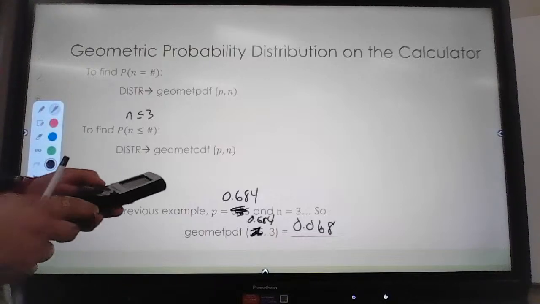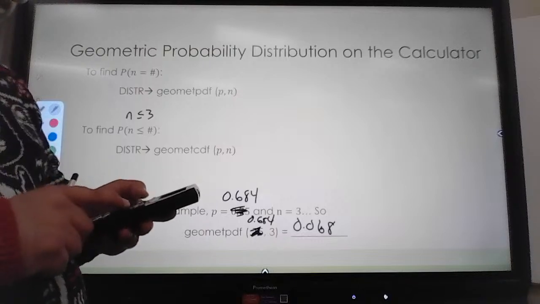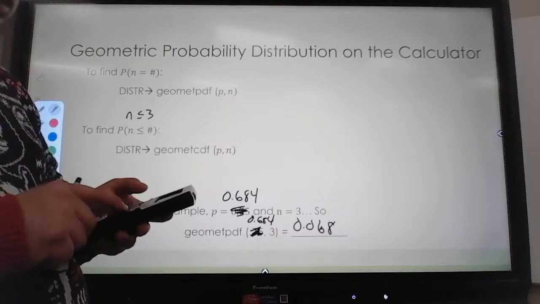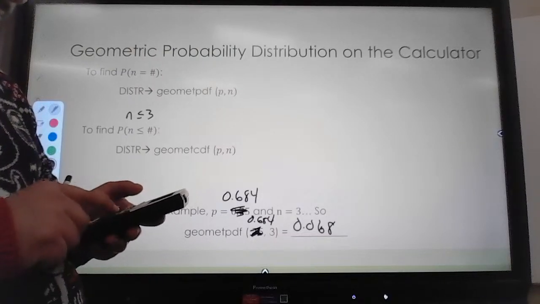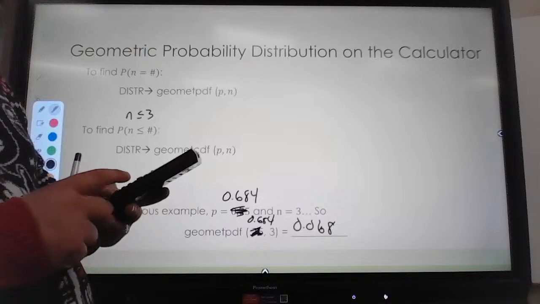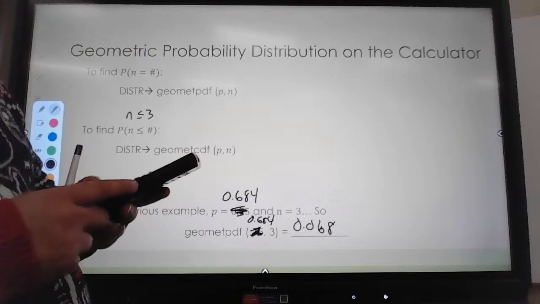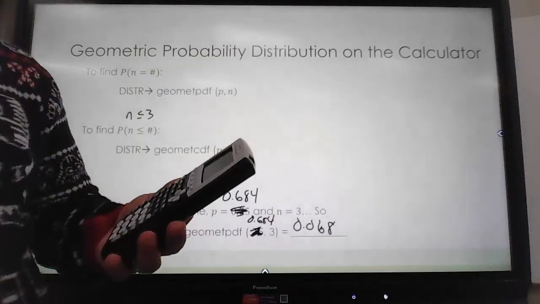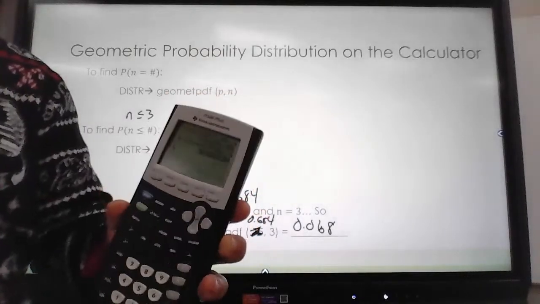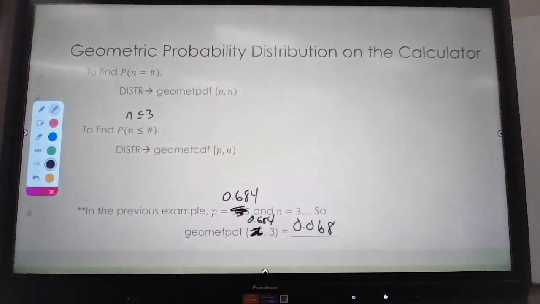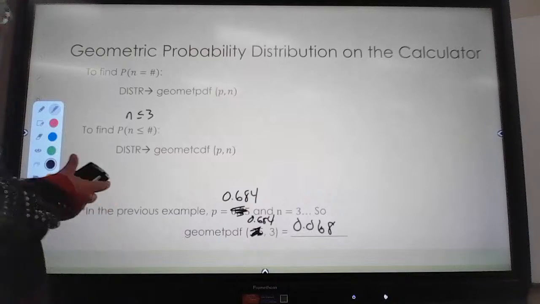So if I were to do geometCDF instead, using the same values, 0.684, 3, that means he has a 96.8% chance to complete his next pass by either the first, second, or third attempt.